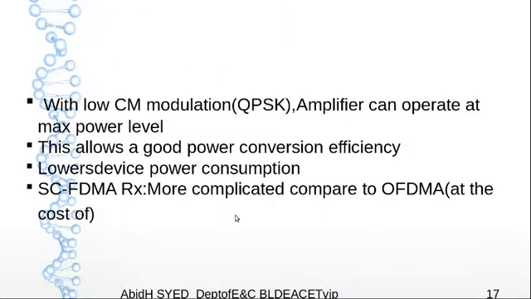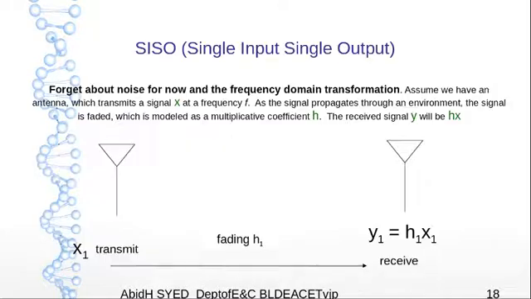This comes at a cost, and the cost you can ignore because you are having good power conversion. Good power conversion in the sense that the fidelity of the receiver is good in case of SCFDMA receivers when compared to OFDMA receivers.